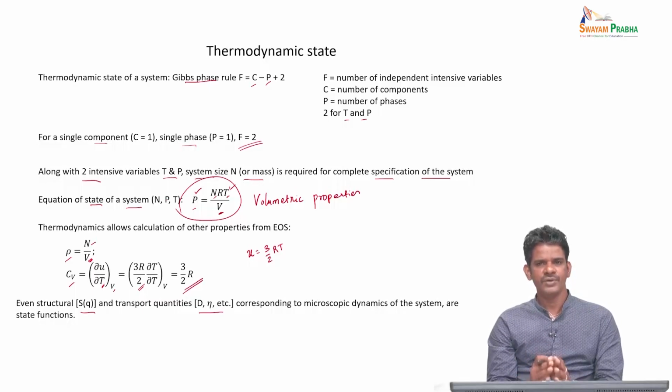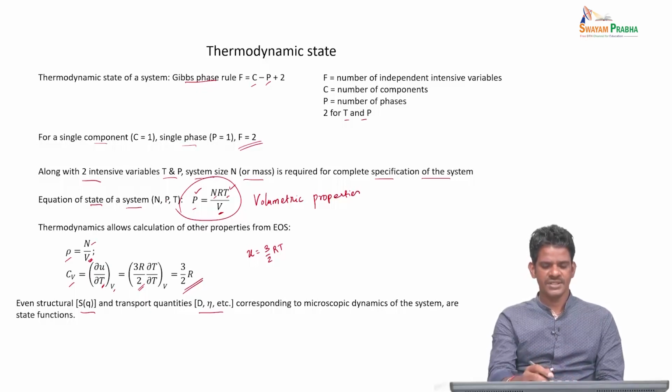But then there are only very few number of systems which are pretty much ideal, for which such complete information is available. There are many other systems in which such information is not available.